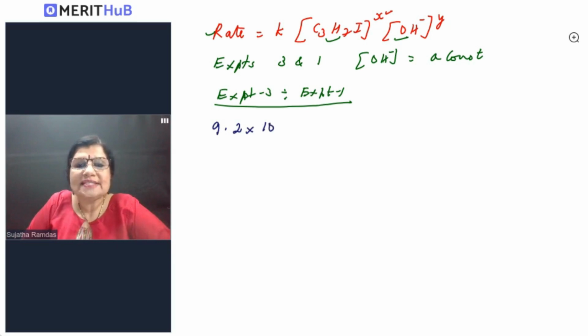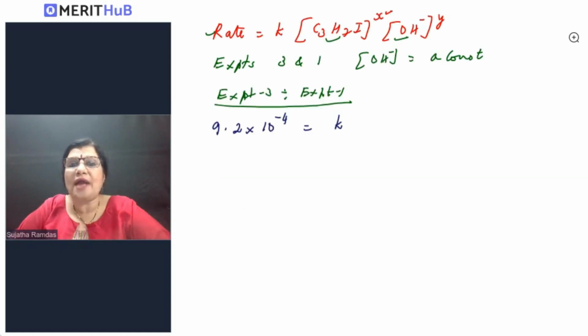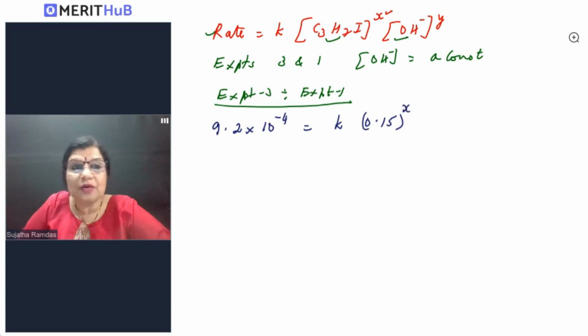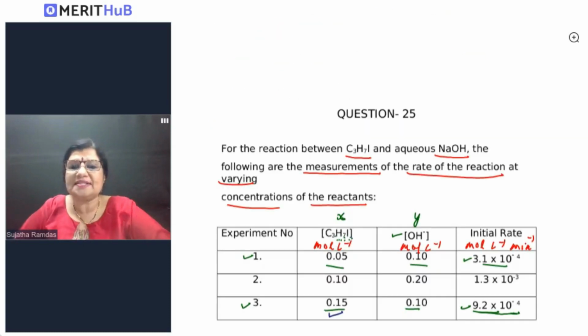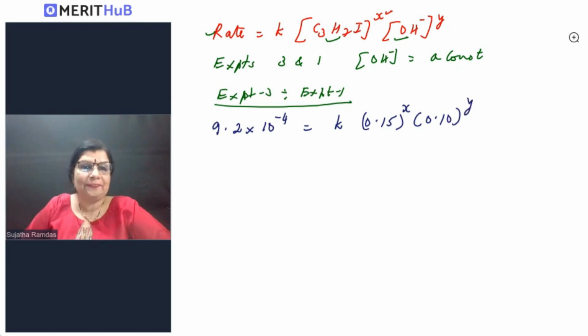9.2 into 10 to the power of minus 4 is equal to the rate constant K into the concentration of C3H7I, which is 0.15, right? 0.15 to the power of X into the concentration of OH minus in experiment 3, 0.10 to the power of Y. All right.